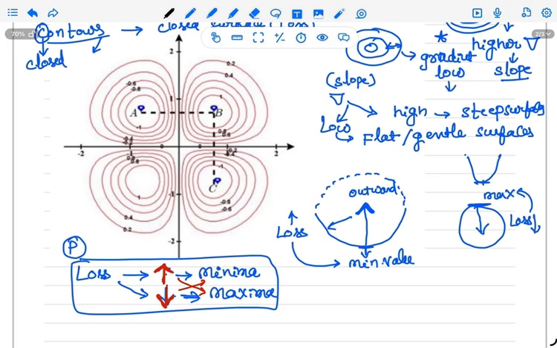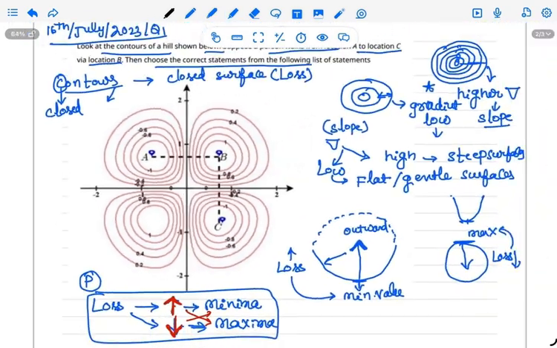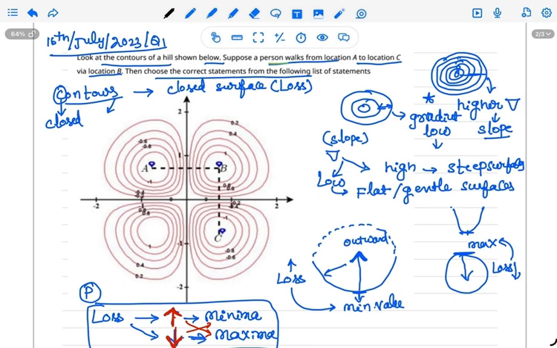In this question, they mentioned a person walks, and a location A. So a person starts here, location A. At location A, in this diagram, the loss values are minus 0.2, minus 0.4, minus 0.6, minus 0.8.